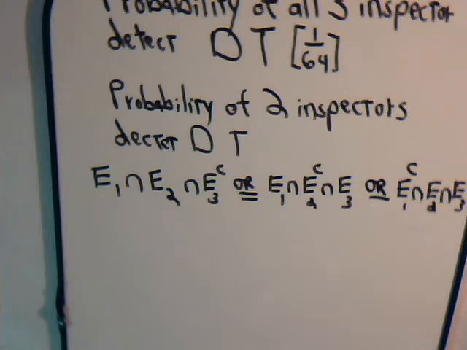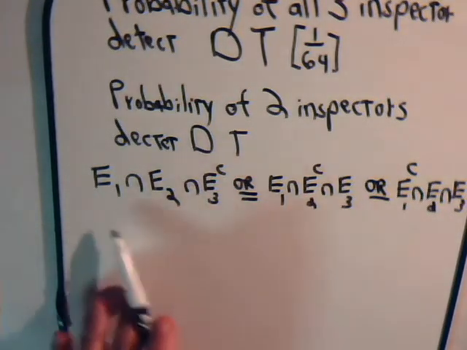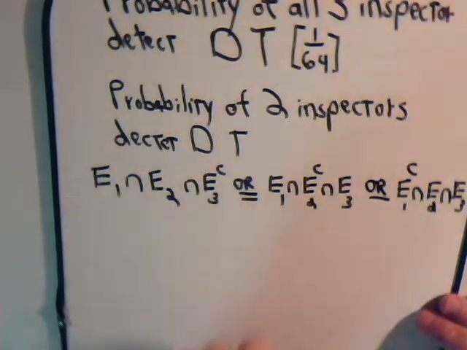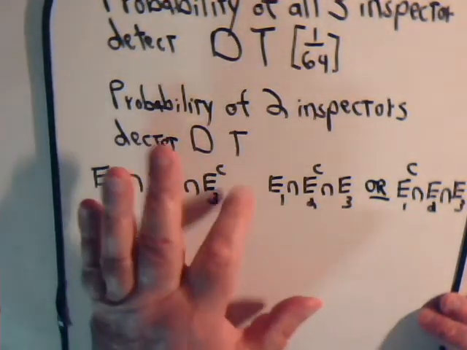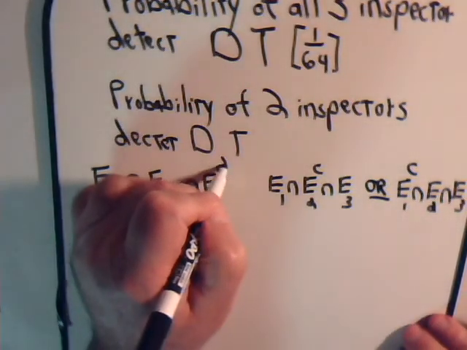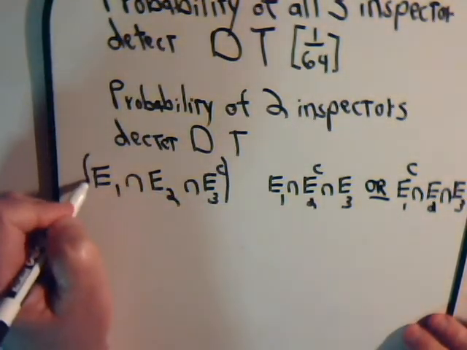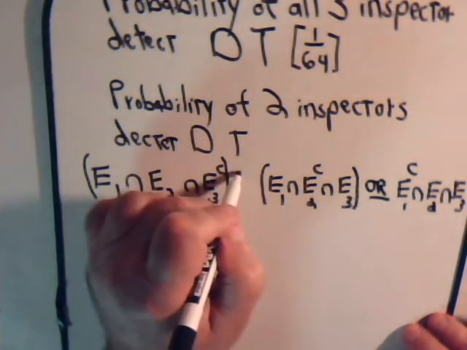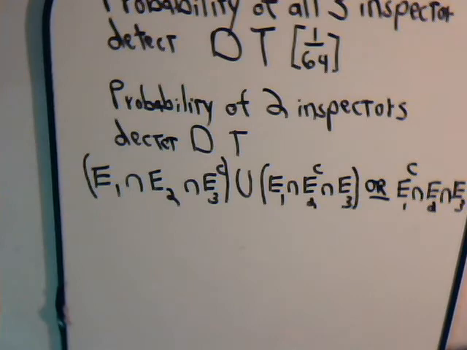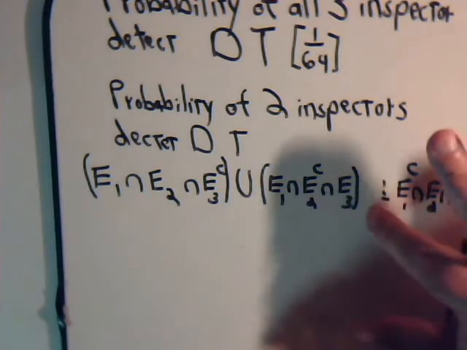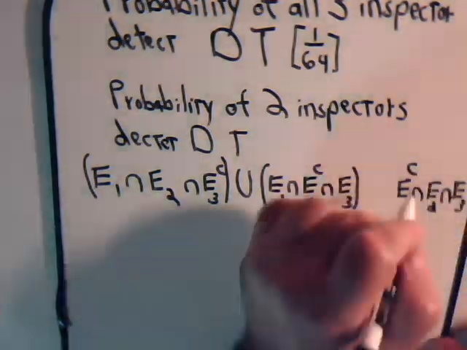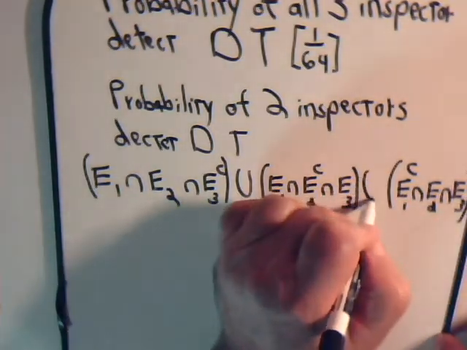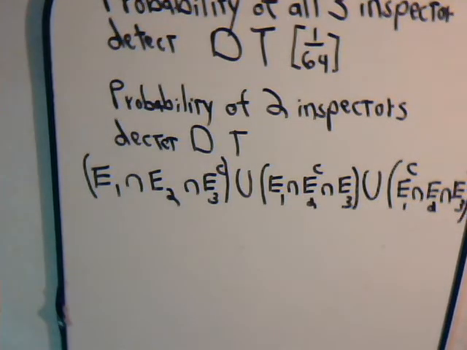Okay, now remember, when we have these kinds of situations where here's an event, or this event, or it could be this event, the way that that is designated, put parentheses here, put parentheses here, and then we have this. That's how that is designated. And for this one, put parentheses here. There, that's how we designate it.